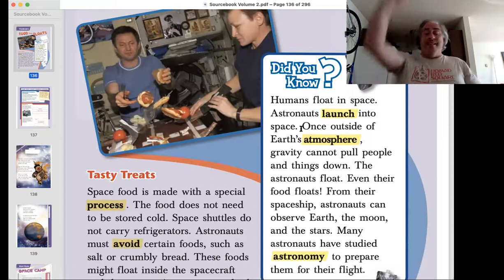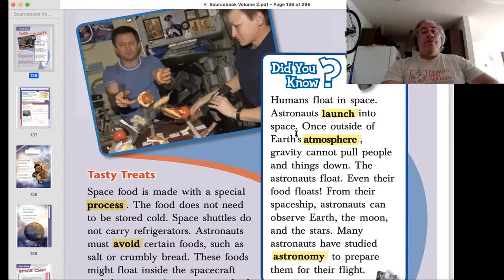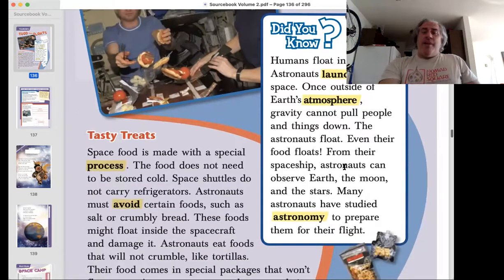That means they get sent into space on a rocket. Once outside of the Earth's atmosphere, gravity cannot pull people and things down. The astronauts float. Even the food floats. From their spaceship, astronauts can observe Earth, the moon, and the many stars. Many astronauts have studied astronomy to prepare them for their flight.